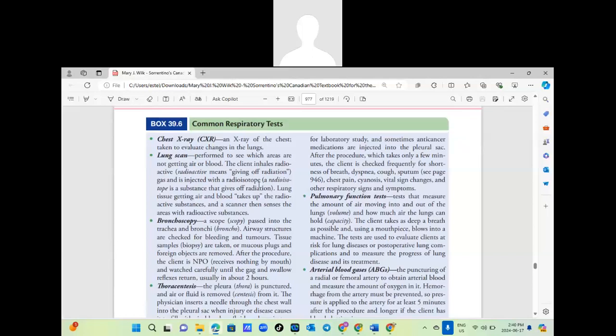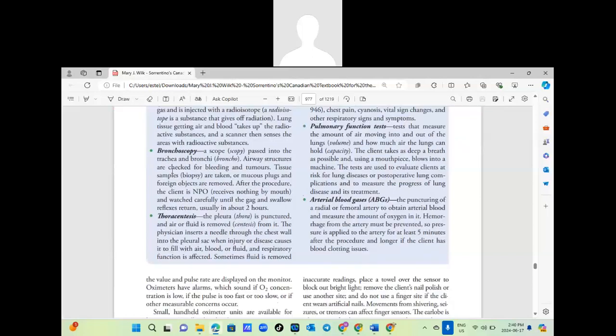So this radioisotope substance fills in whatever part of the lung is not getting the blood or air. That's where they can see that this part of the lungs is not functioning well, because the substance is taking up that part on the scan. Okay, makes sense.